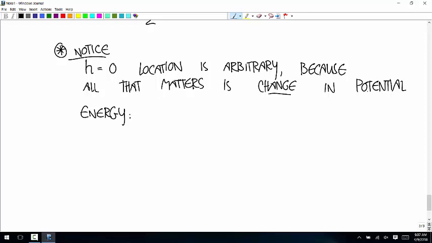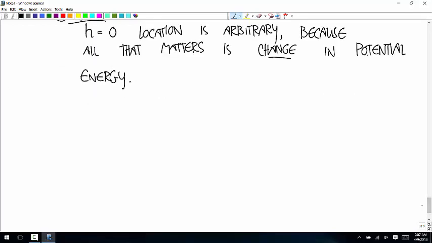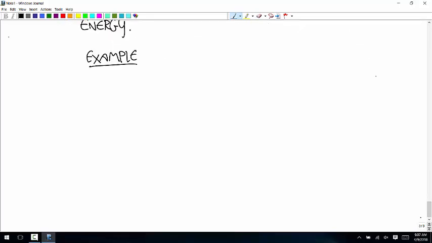So why is potential energy? Well, let me do an example. Let's say you have a spring hanging vertically attached to an object that has a mass of 10 kilograms.